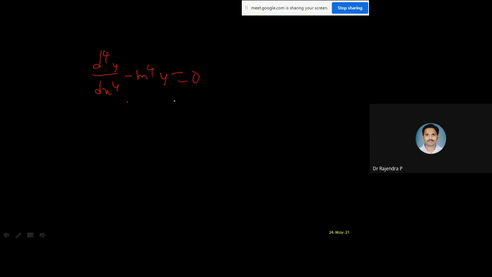If I write this in symbolic form, what is the symbolic form? D to the power of 4 minus m to the power of 4, into y, is equal to 0. Agree? Everybody is agreed? Yes. What is D here? D stands for d by dx. Good. So now this is your differential equation.